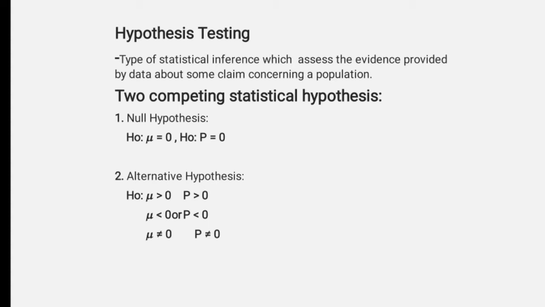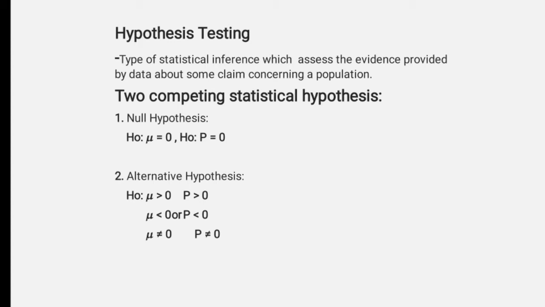So in my example, I have null hypothesis which is mu equal to 0, or null hypothesis which is p is equal to 0. So we're going to be working with population mean and population proportion in working with the hypothesis testing in our future lessons.